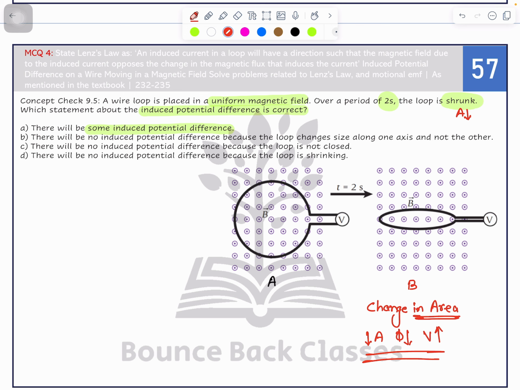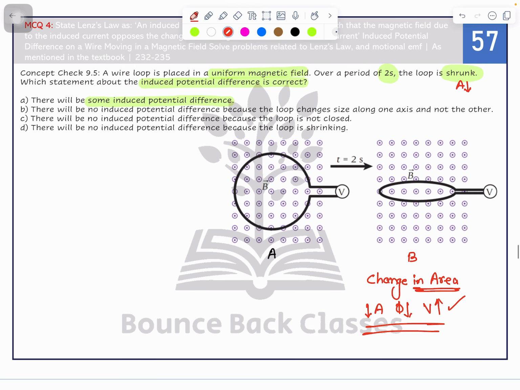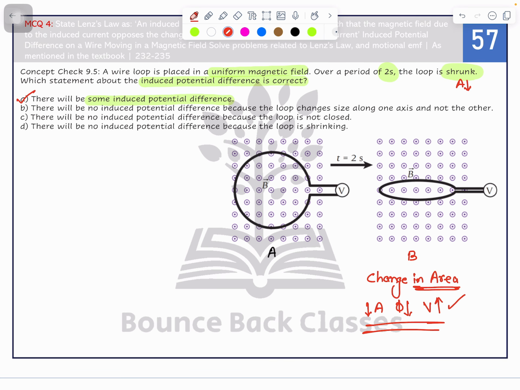Yes, we already understand that if the area is changing, there should be a potential difference. Read the second statement: there will be no induced potential difference. No, this answer should be wrong. Third, there will be no induced potential difference. Wrong, there should be. Fourth, there is no induced potential difference. This is also wrong. So the answer is A.